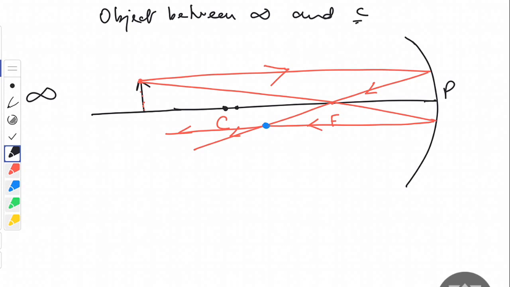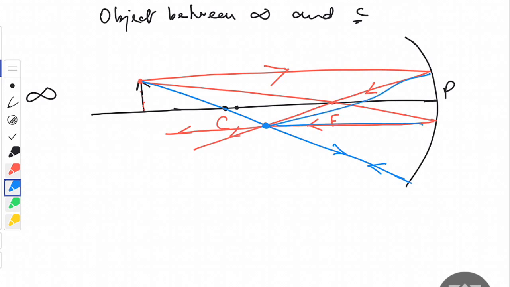Now with that drawing, this distance is equal to this distance. So the line through the center of curvature will go like this and come back. All three of them meet at the same point. But like you said, we will do only 2 rays, just for convenience.